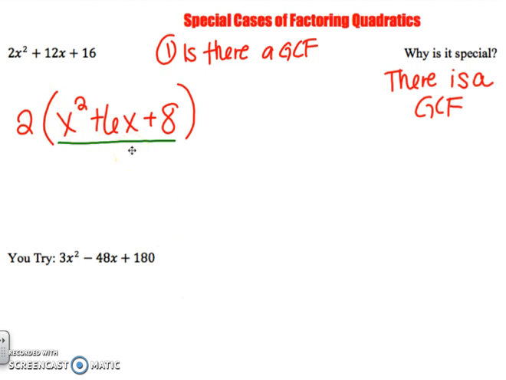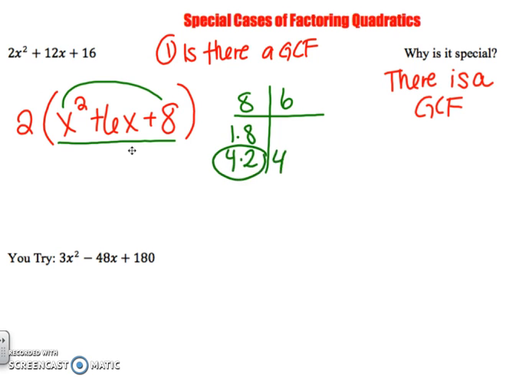So now I'm going to do the t-chart and multiply my a times c. So 1 times 8 is 8, and my b term is a 6. So then I'm going to list out the factors of 8. So 1 times 8 and 4 times 2. I know that 4 plus 2 will get me to a 6, so 4 and 2 are my answers.